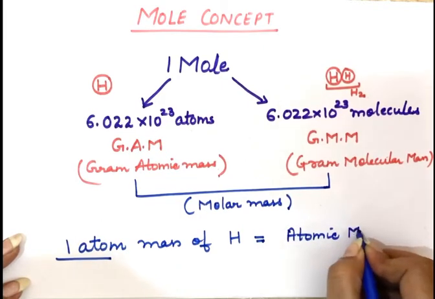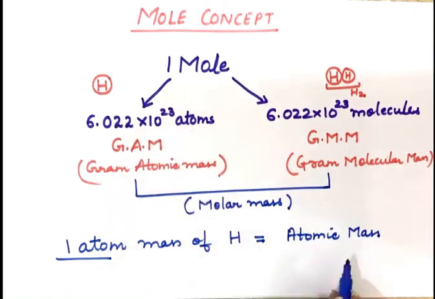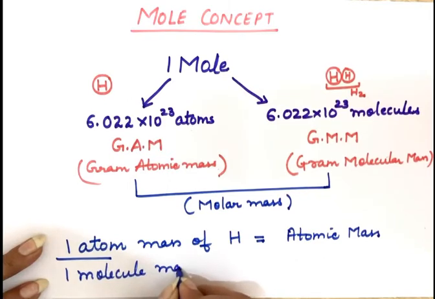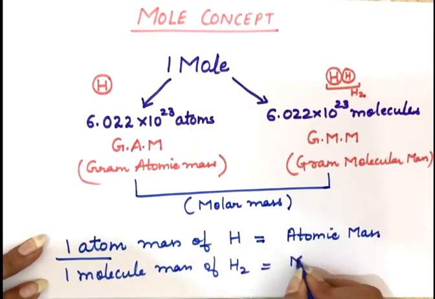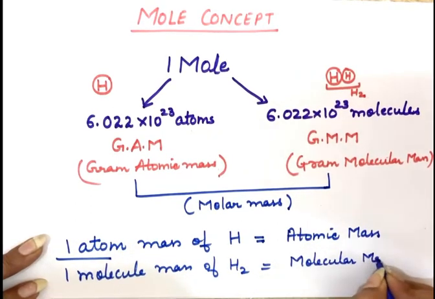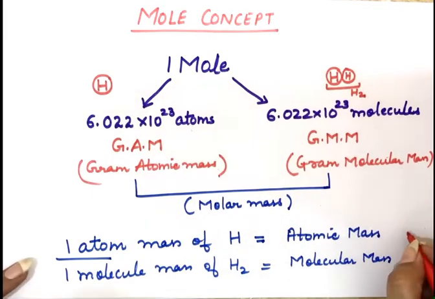This is not called gram atomic mass, this is called just atomic mass. Similarly, if I take the mass of 1 molecule of hydrogen, hydrogen molecule means H2, then that is known as molecular mass. And the unit for these masses will not be gram, the unit will be atomic mass unit, that is we write these masses in u only.